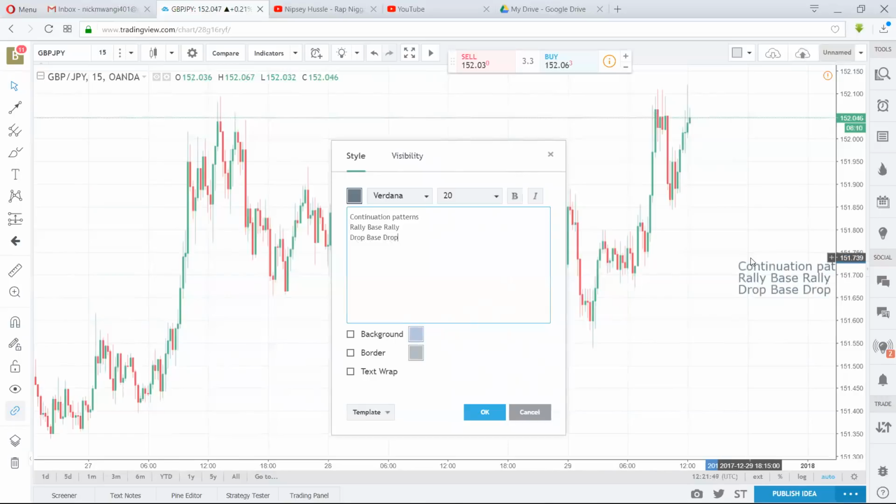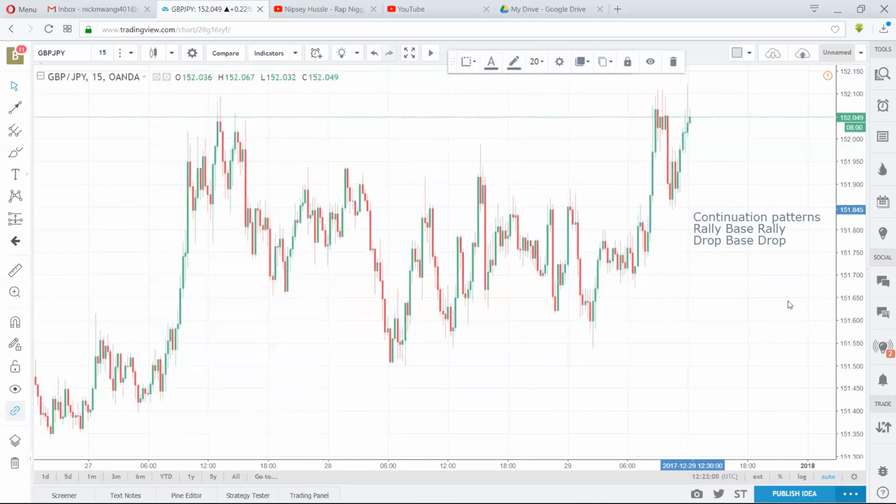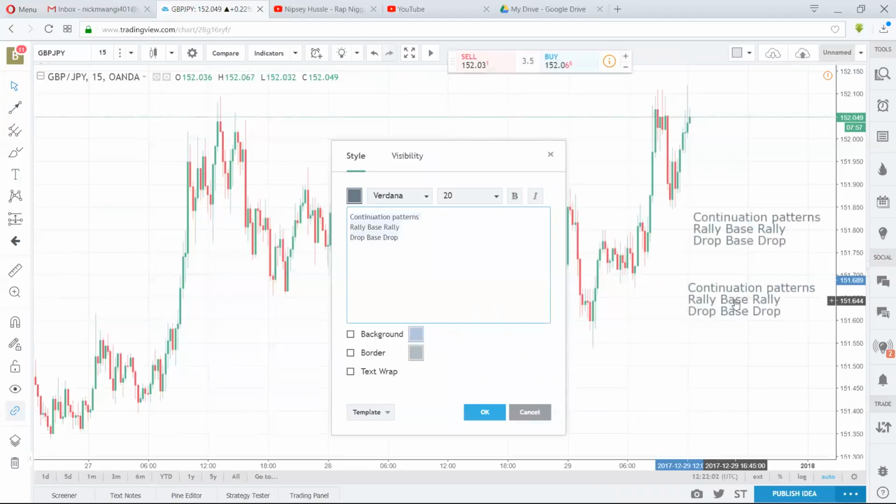So that's one. Then we go to the second one, which are reversal patterns.